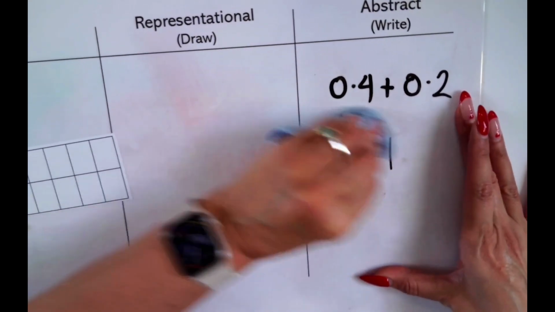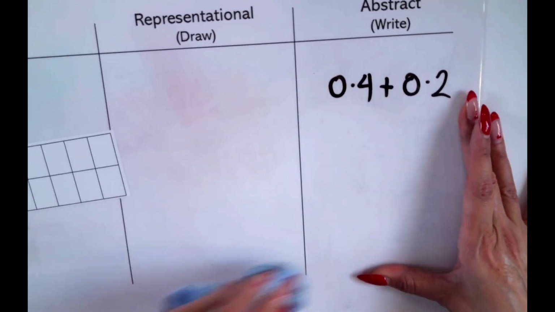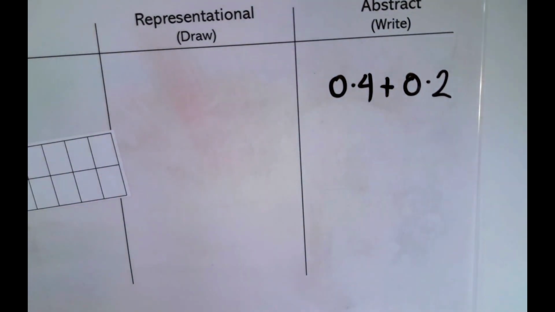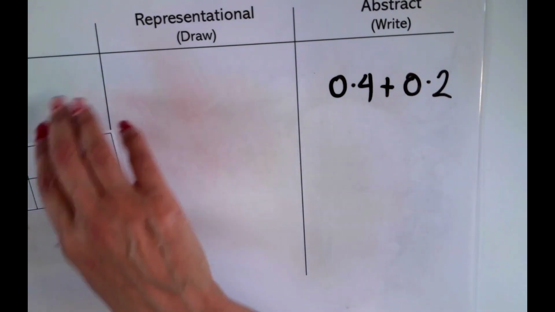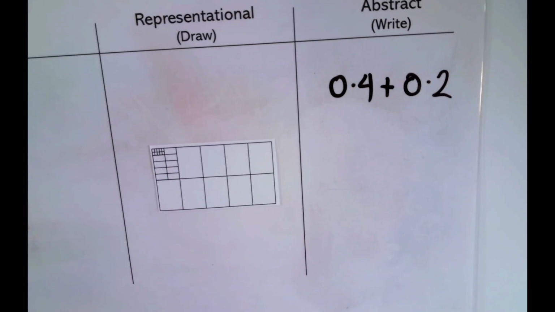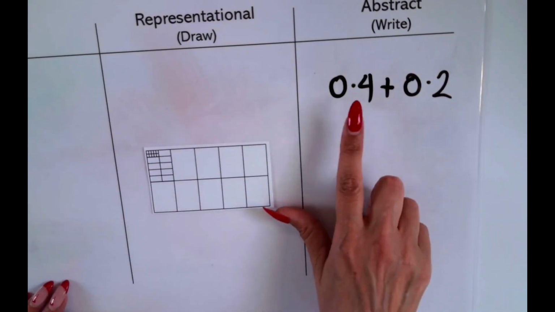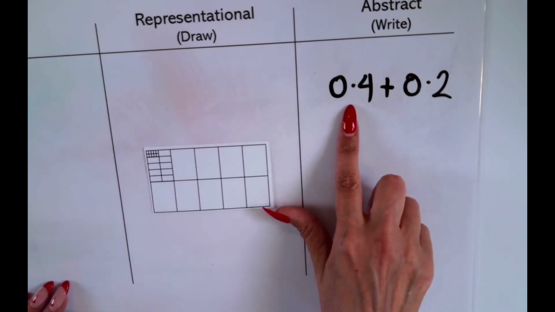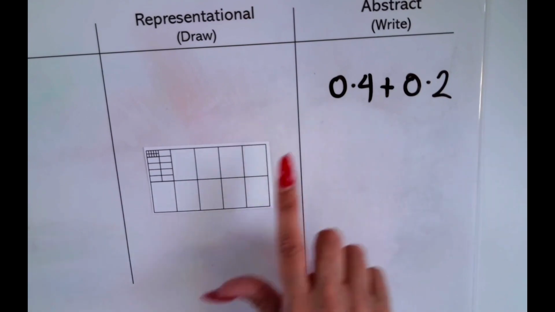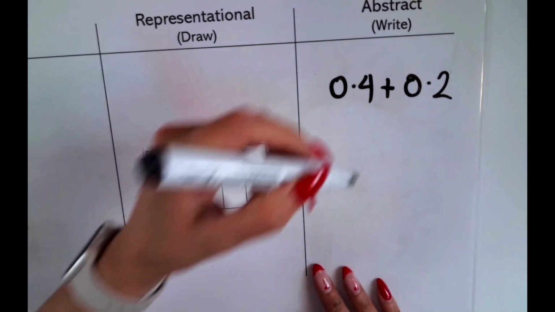However, it's when we start multiplying and dividing that this process gets blown out of the water. And this is why, for the same reason that I work with fractions conceptually, I try to get teachers to work with decimals conceptually. So what I'm going to do here is I'm going to use my Decimat and I'm going to represent my very first decimal as a decimal fraction, and I'm going to color in that many parts.